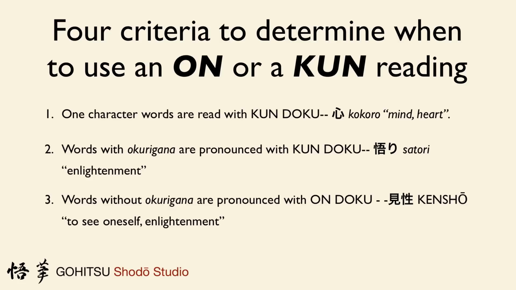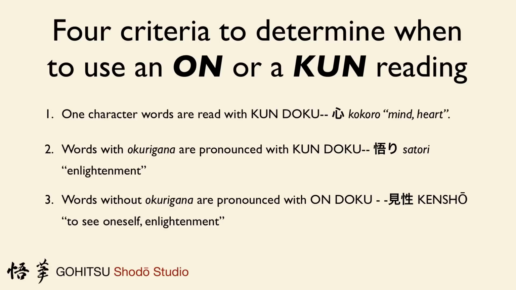Number 3, words without okurigana are pronounced with ondoku. An example here that I have is a word that's pronounced kensho. This is a word with 2 kanji. The first kanji's on reading will be ken, and the second kanji's on reading will be sho.